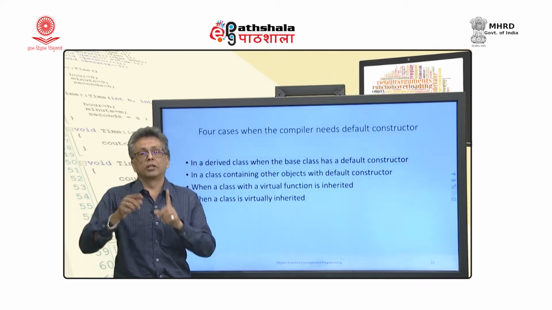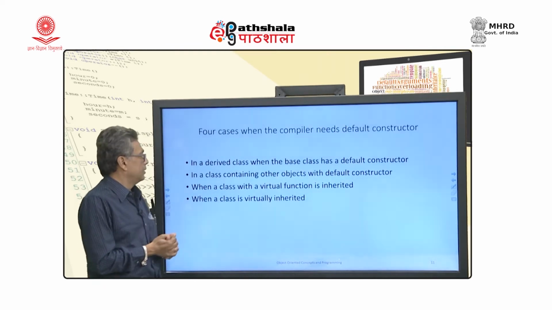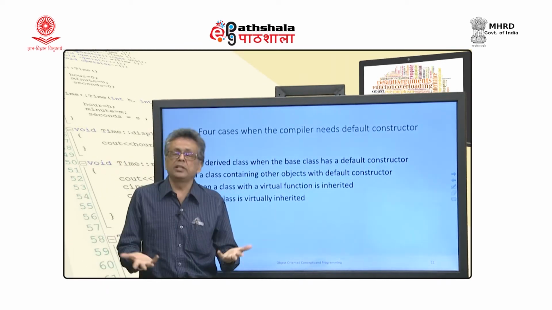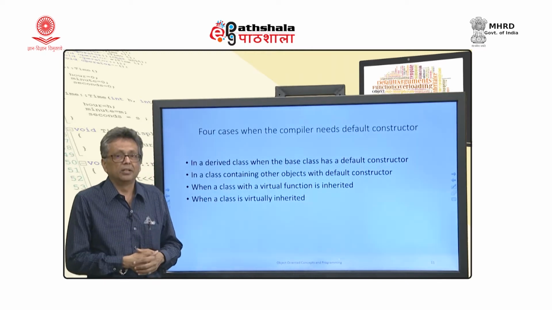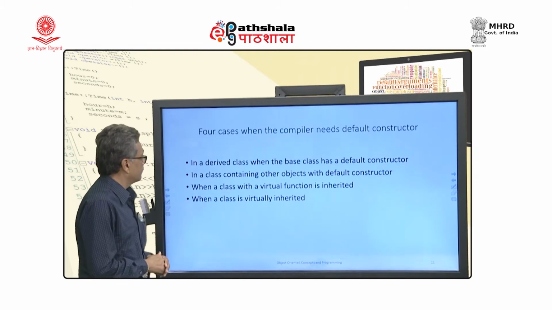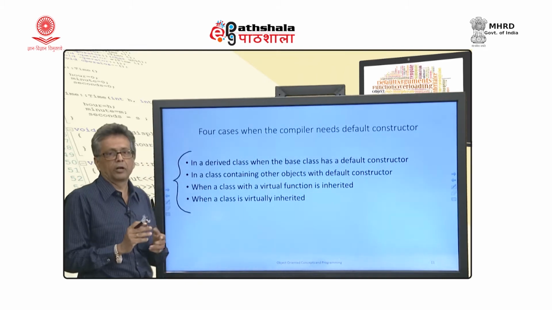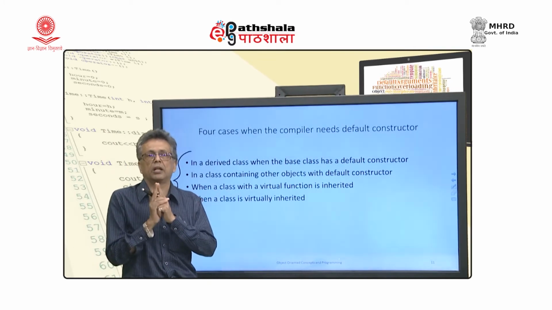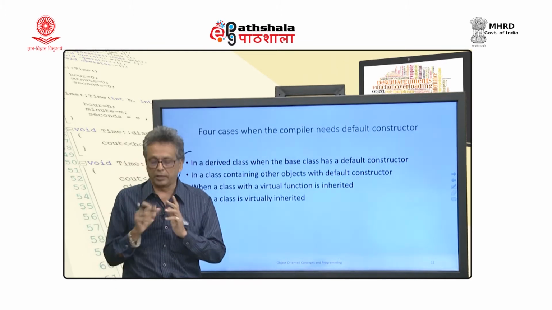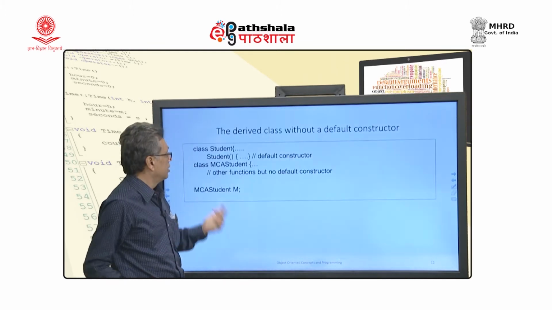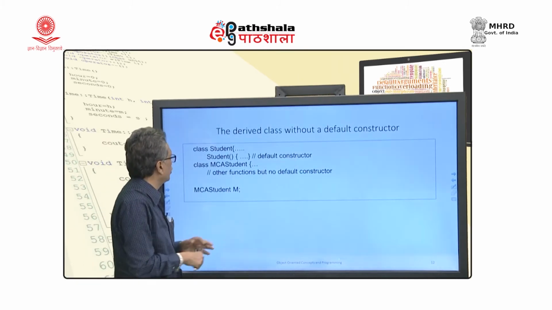With virtual functions, obviously you will need to set the VPTR values, and we will see why that is needed. And whenever a class is virtually inherited, you will have to provide a solution. So, in these 4 cases, if you have not specified a default constructor yourself, a compiler will do it, and even if you have provided one, the compiler will almost always augment it. How it is done is the story that we are going to unfold in this module.